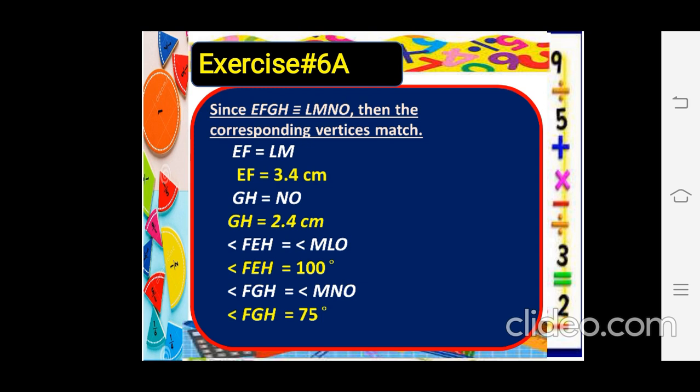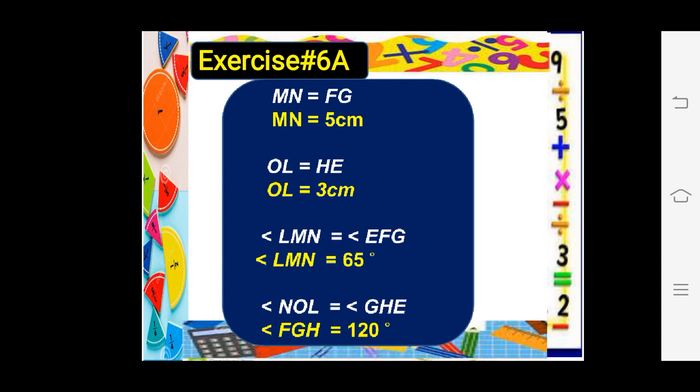Now angle FEH is 100 degrees because FEH is congruent to angle MLO and angle MLO is 100 degrees. Now angle FGH is congruent to angle MNO, so the angle FGH is also 75 degrees. Side MN corresponds to FG, so the length of MN is 5 centimeter.